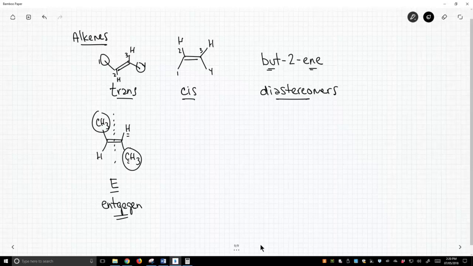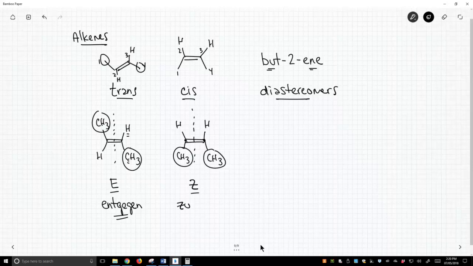If we look at this structure, cut this in half. Let's look at this carbon over here. The methyl group is higher priority according to the Cahn-Ingold-Prelog rules. On the left, the methyl is higher than the hydrogen. These are on the same side of the alkene, and so these are called Z, and that's italicized.